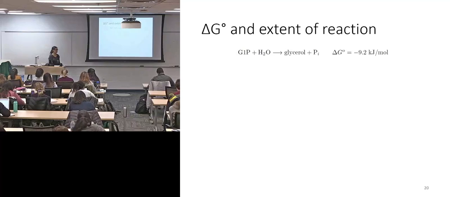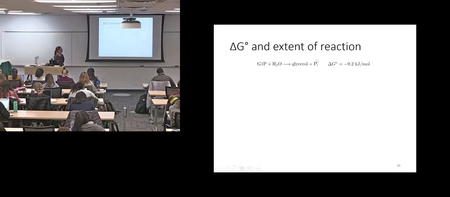It should be a smaller ratio. I do not expect to make as much glycerol. I do not expect to have as much completion of this reaction because it is not as favorable, it is not as negative of a change in free energy.